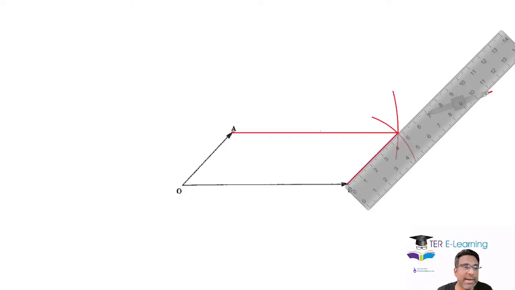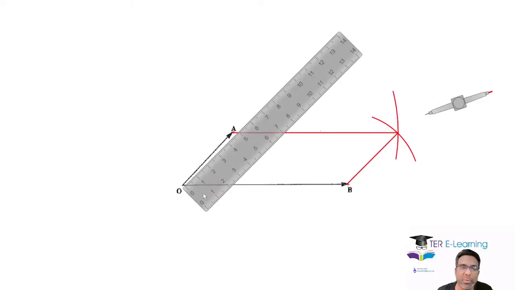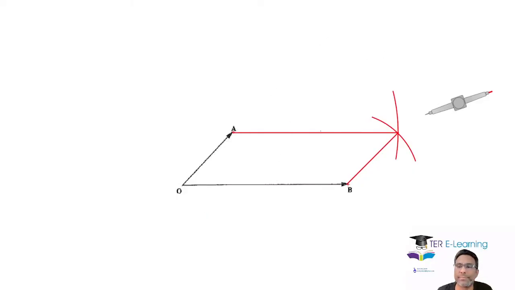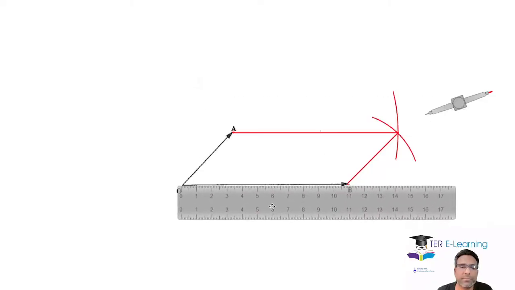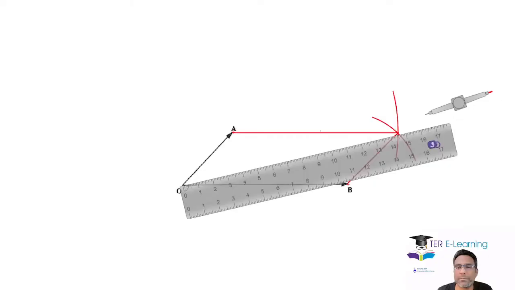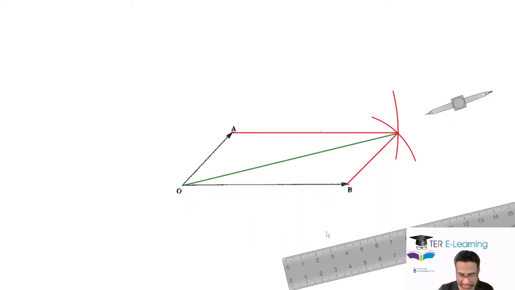So this is what we need to do. You're drawing this line here, and this green line here will represent your resultant velocity. So this here is your resultant velocity.